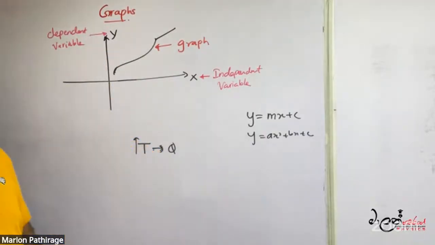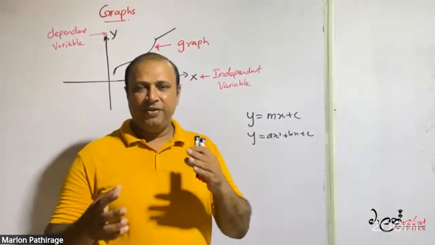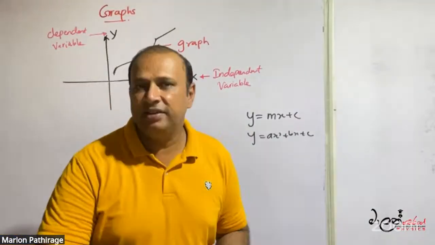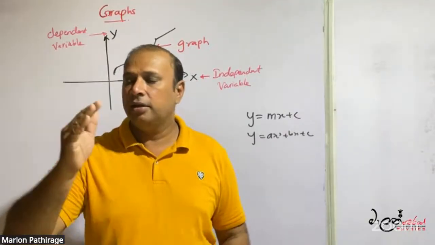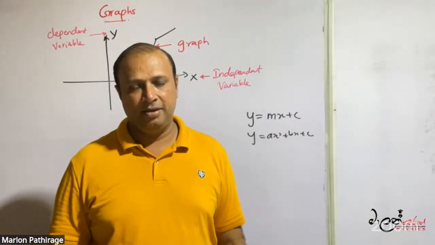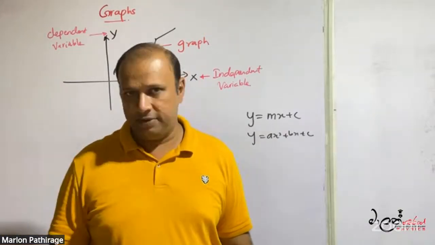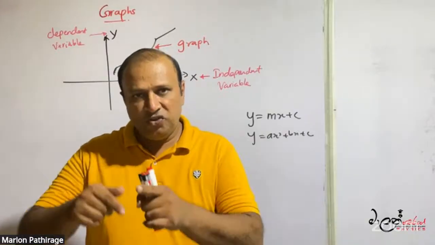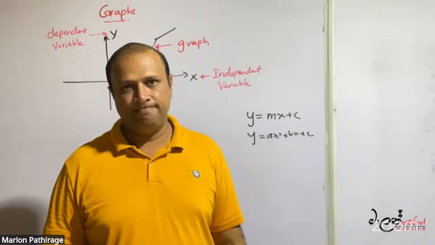And therefore, when we are building a graphical relationship, there are two variables. We can change one variable. According to the change in that variable, the second variable changes.